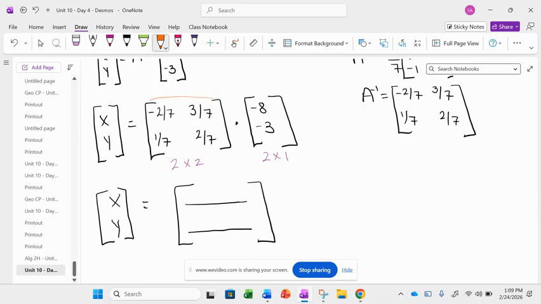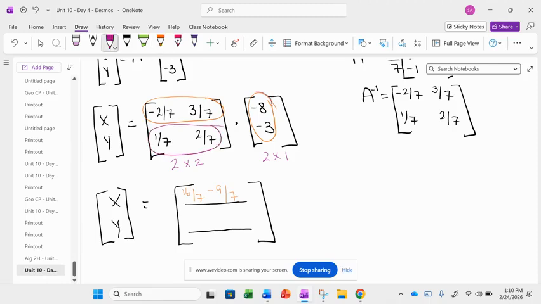So now let's multiply. First row by first column. Negative 2/7 times a negative 8 is a 16/7. 3/7 times a negative 3 is a negative 9/7. 16/7 minus 9/7 is 7/7, which is 1. I'll write that in a minute.